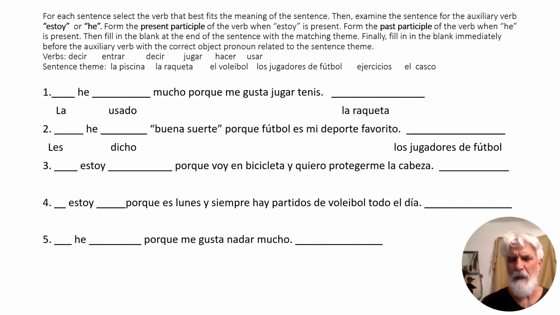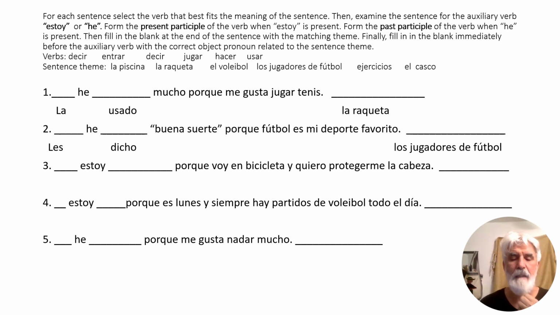So what are we talking about here? The helmet, el casco, legitimate vocabulary right from chapter 12. So I am what? Using. Aren't you going to be using or wearing the casco because you're riding a bike and you want to protect your head? So I want to say I am using.